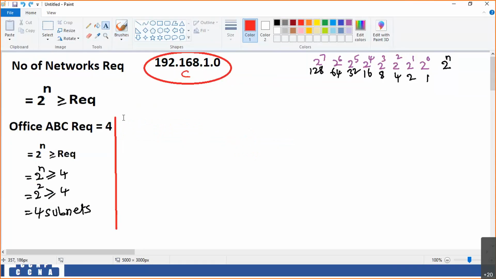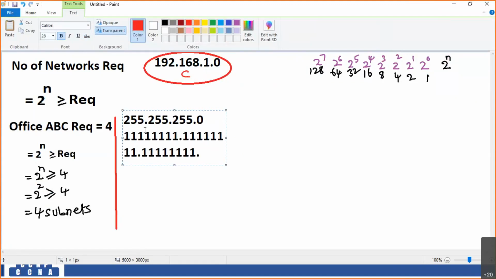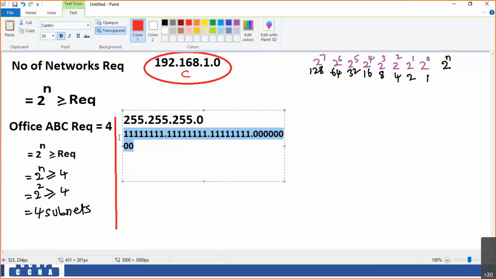Let me write here the subnet mask, 255.255.255.0, in binary.